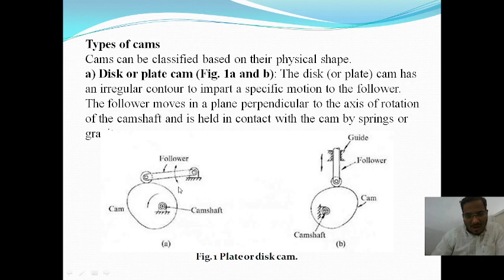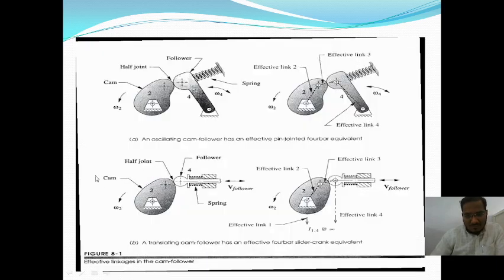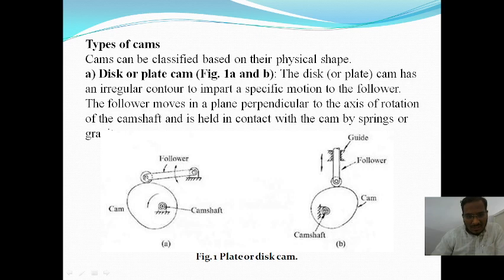That is one horizontal oscillation. So here we are seeing the disc and that follower. Next, here the camshaft is there and the cam is also fixed on that camshaft, and here the follower moves in the vertical direction.